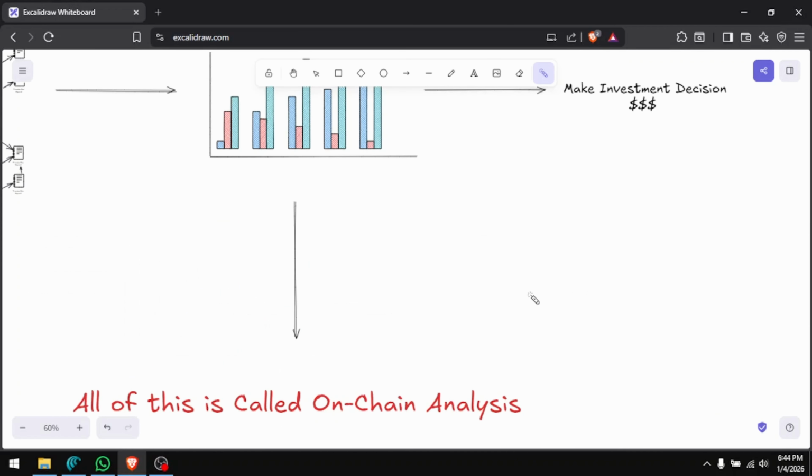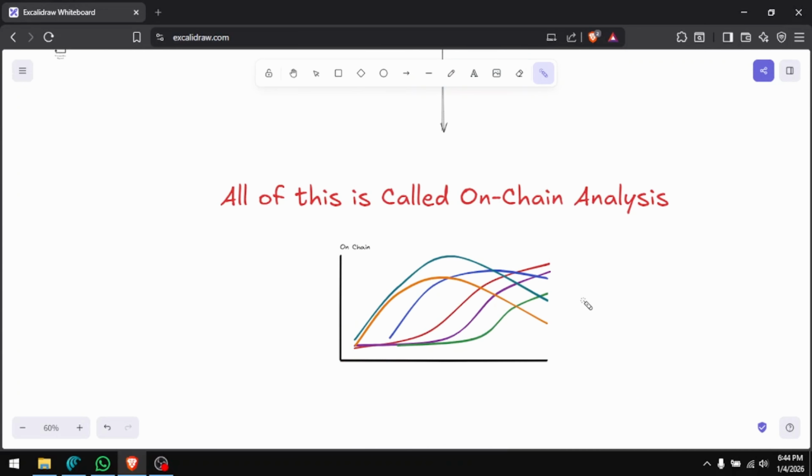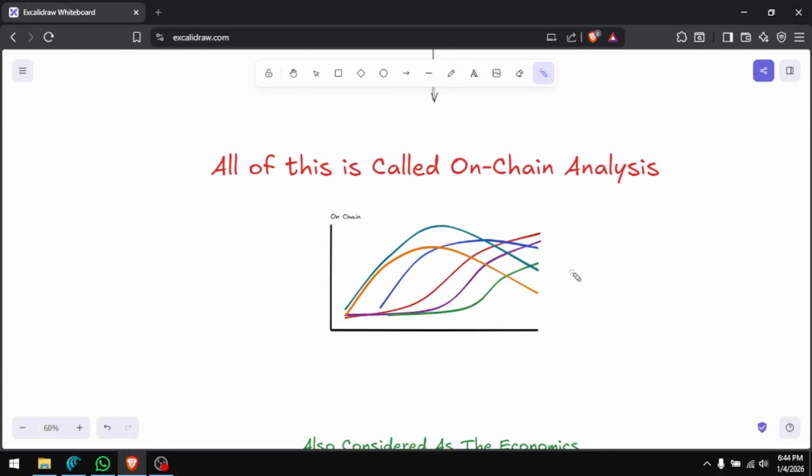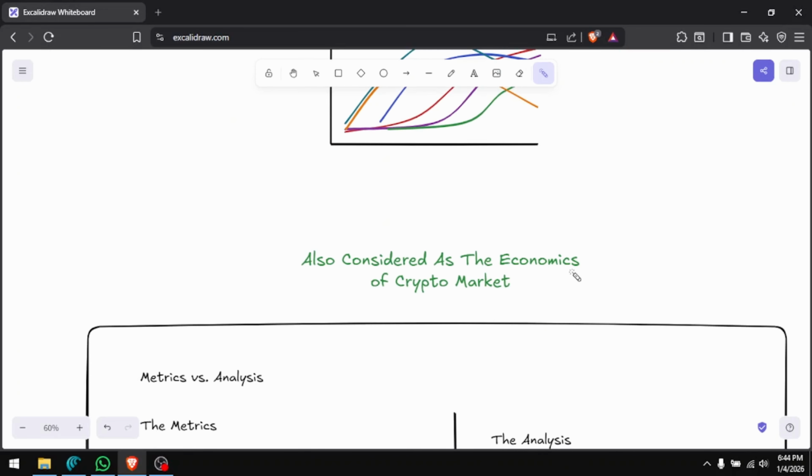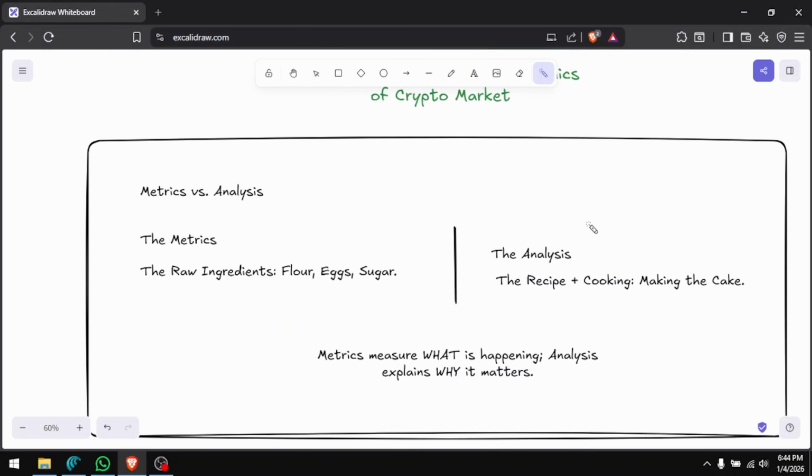All of this procedure is called on-chain analysis. You can consider on-chain analysis as the economics of the crypto market. It is divided into two parts: number one is the metrics and number two is the analysis. Let's suppose you want to make a cake.